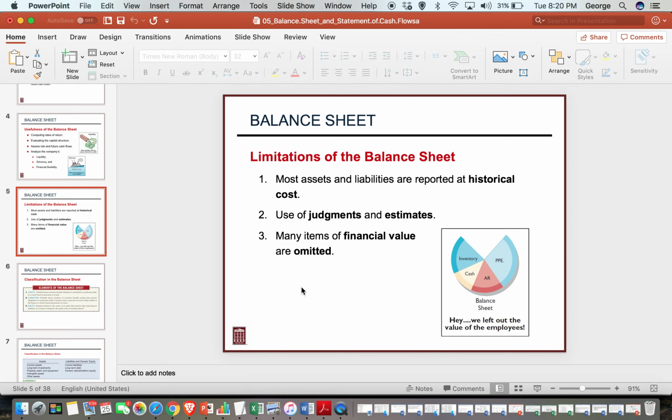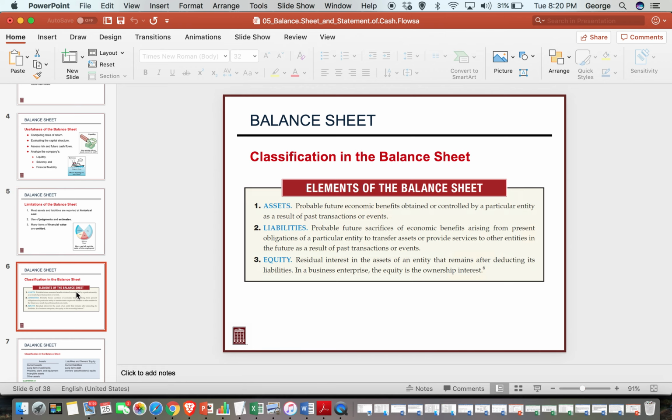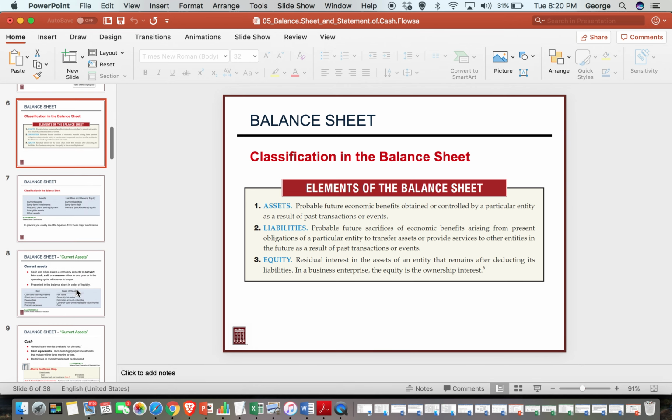And then many items of financial value might be omitted from the balance sheet. We talked about the value of employees, I think, in the last chapter. So your employees, a company like Microsoft, really important, but it's not something that we ever would include or we have included in the balance sheet.